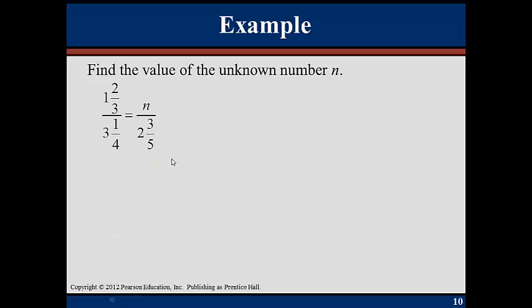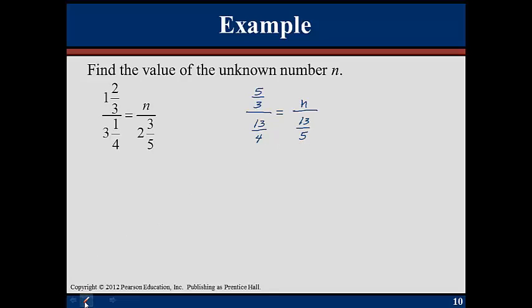Alright, here's some more examples. We're still looking for n. This time we have 1 2/3 is to 3 1/4 as n is to 2 3/5. The first thing I'm going to do before I start my cross multiplication is write all my mixed numbers as improper fractions. So we have 5/3 is to 13/4 as n is to 13/5.